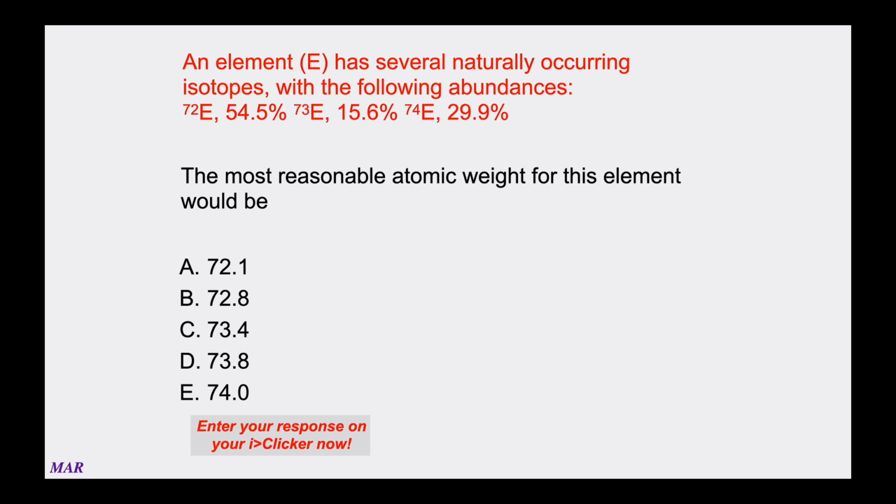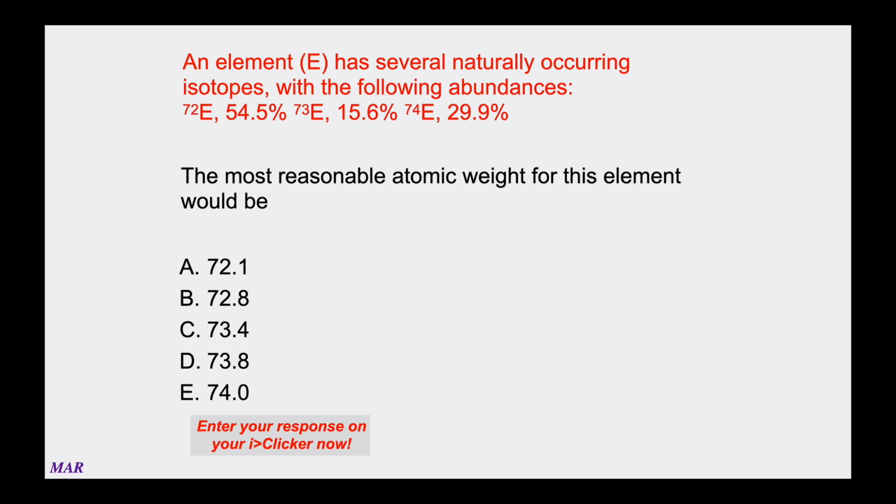When it comes to isotopes, sometimes one isotope is more abundant than the other. And if you look at those 3 isotopes listed, the 72E, that's more than half of all the different isotopes. That's more than 50%. So the atomic weight is just an average of all of them.